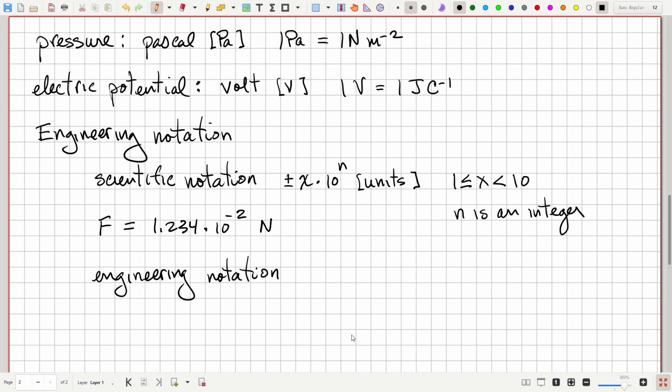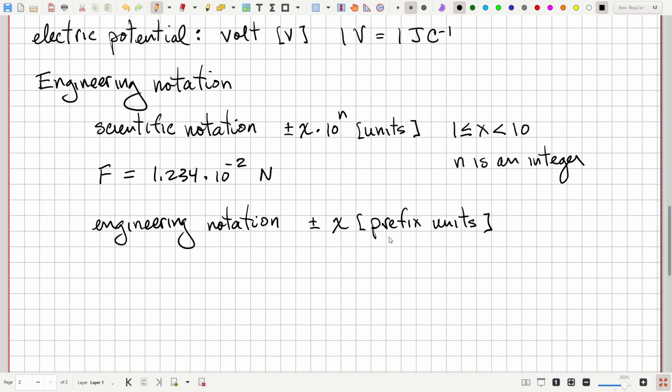So in this system, we would have a plus or minus if you needed to, and then a number x, and then a prefix, and a unit, or units, as the case may be.